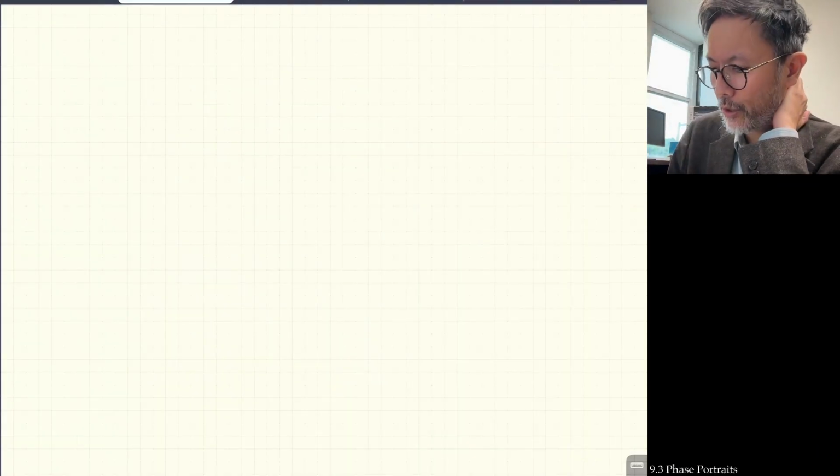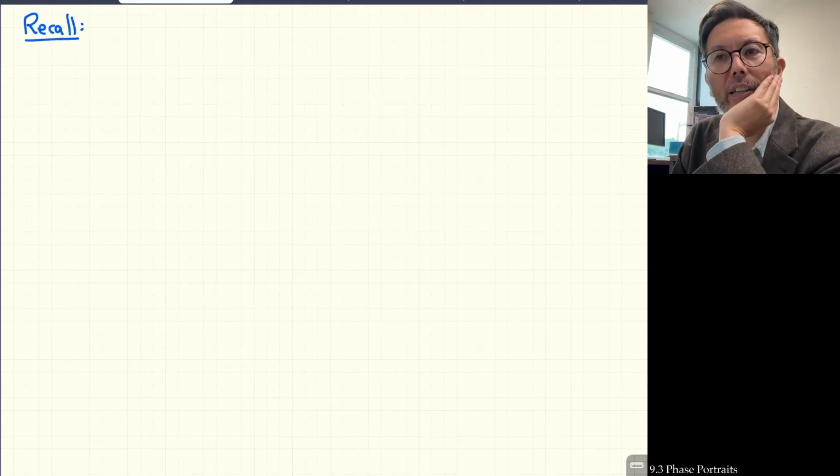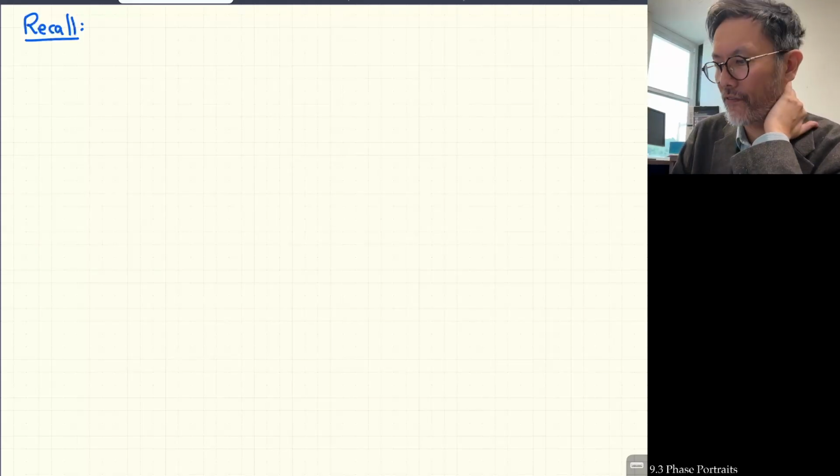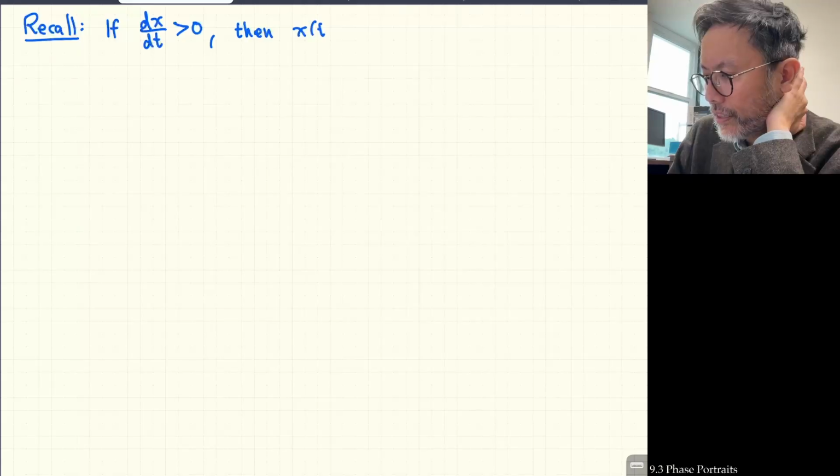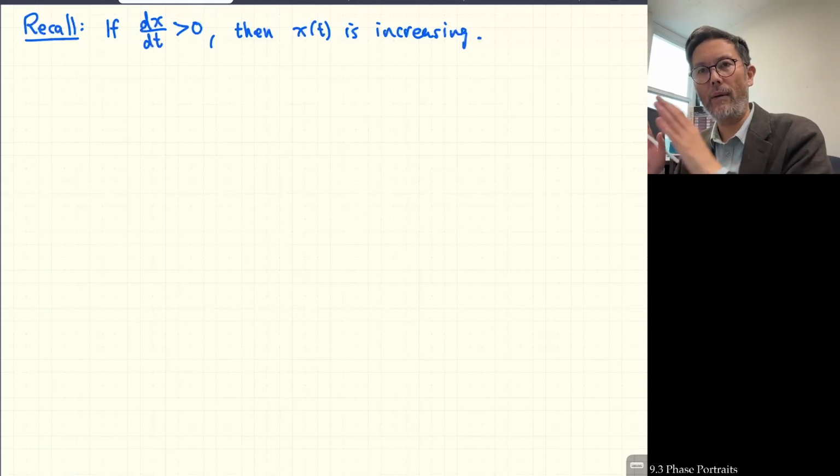let me remind you of a fact from Calculus 1, or single variable calculus, which you might find very useful for this discussion. Recall that if dx dt is positive, then x of t is increasing. I'm not going to belabor this, I'm just going to state this.